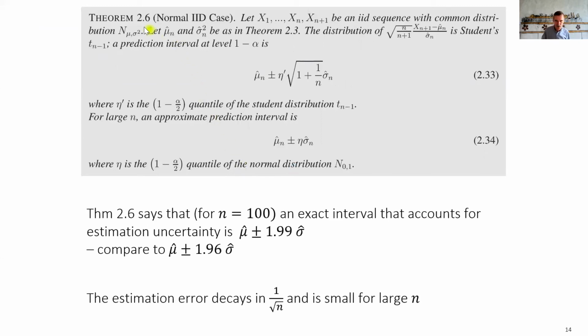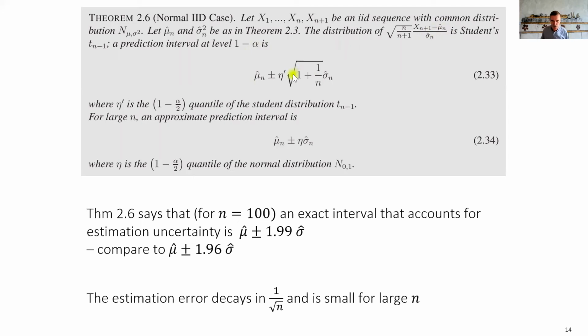Well, this is given by a theorem in the previous chapter on confidence intervals. In fact, we know that if I have exactly this case here, I have a sequence, I want to predict the last term, and assume the sequence is IID and the noise term is Gaussian, meaning it's a Gaussian sequence. Then the distribution of the next point minus the estimate that I have is given by this.